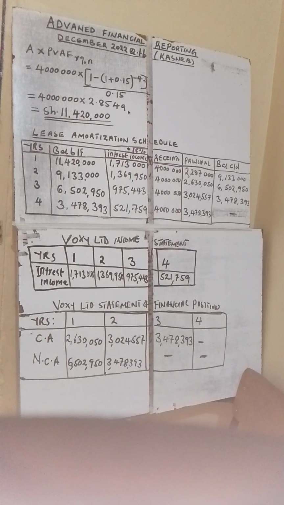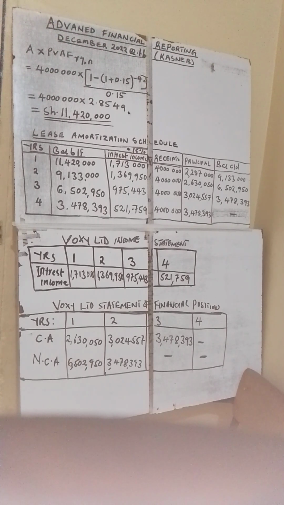KASNEB. Now, a lease is an agreement whereby the leaser conveys to the lessee, in return for a payment or series of payments, a right to use an asset for an agreed period of time.